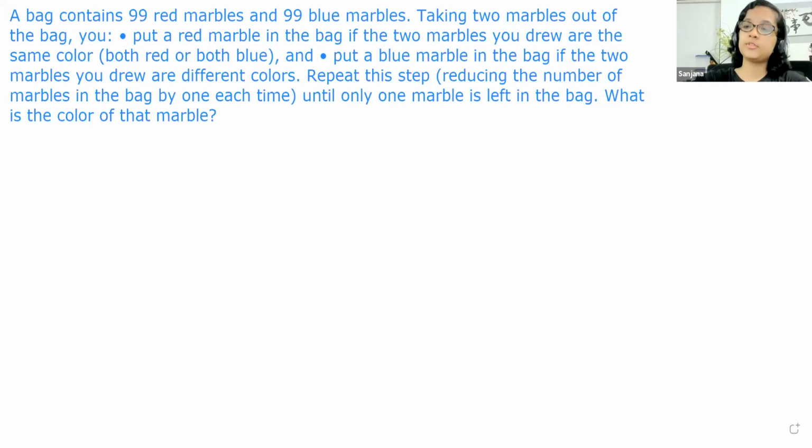Okay, so think about what happens each time, what happens to the number of marbles of each color each time you do something. Can you explain why it's blue?